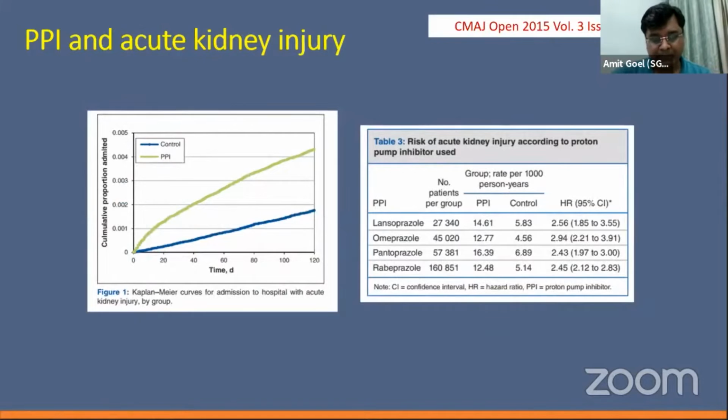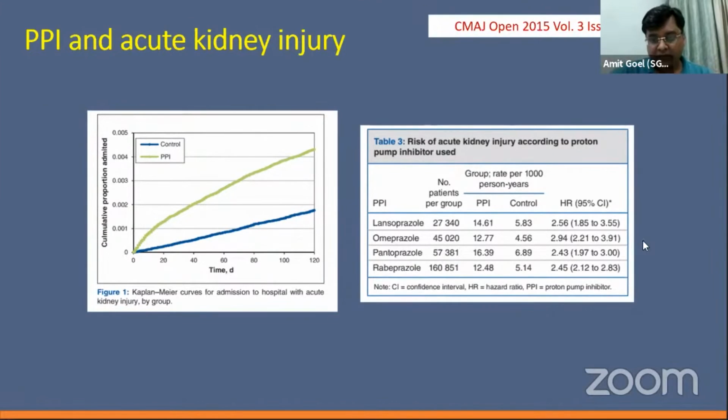The same study has shown that as time passes, the chance of hospitalization with acute kidney injury was increasing in PPI users as compared to control, in the Kaplan-Meier curve shown on the left side of the screen.